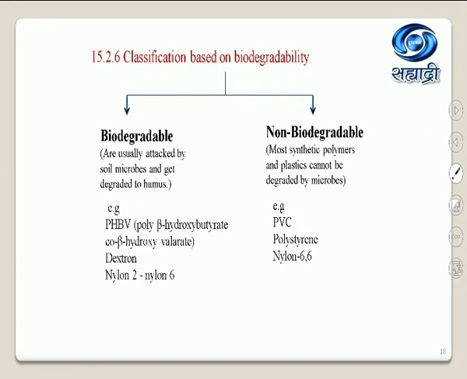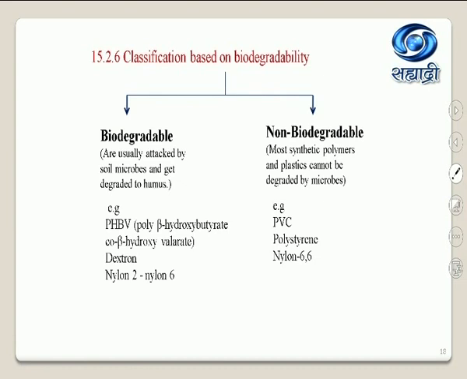PVC is the polymer obtained from vinyl chloride, that is polyvinyl chloride. And next are polystyrene and nylon 6,6. Nylon 6,6 is also a non-biodegradable polymer, and these polymers remain underground for a long time, because they are not biodegradable.